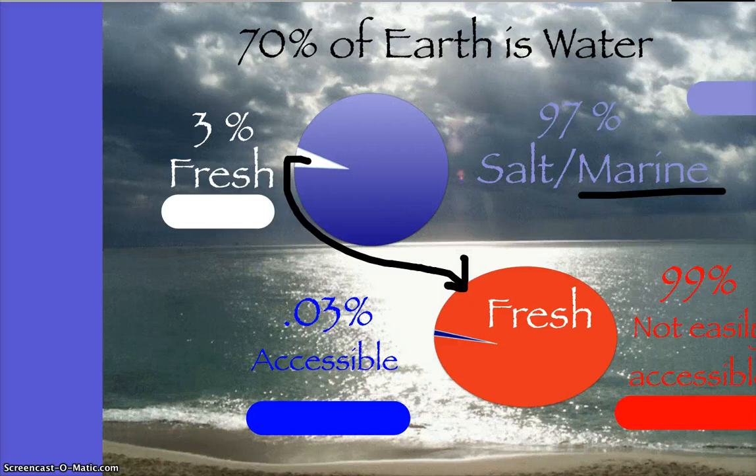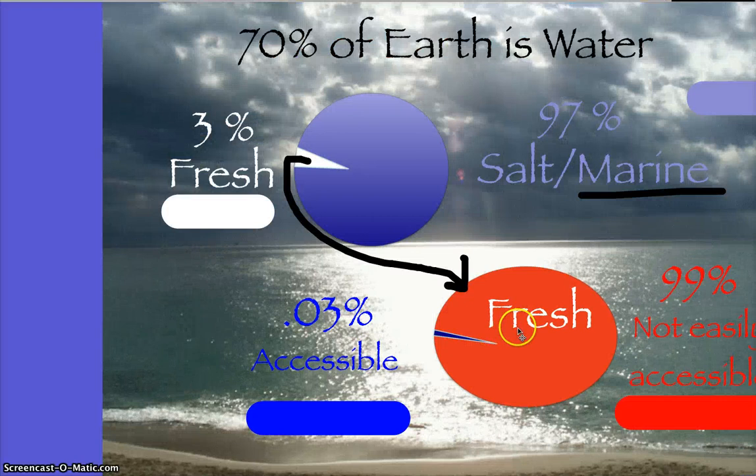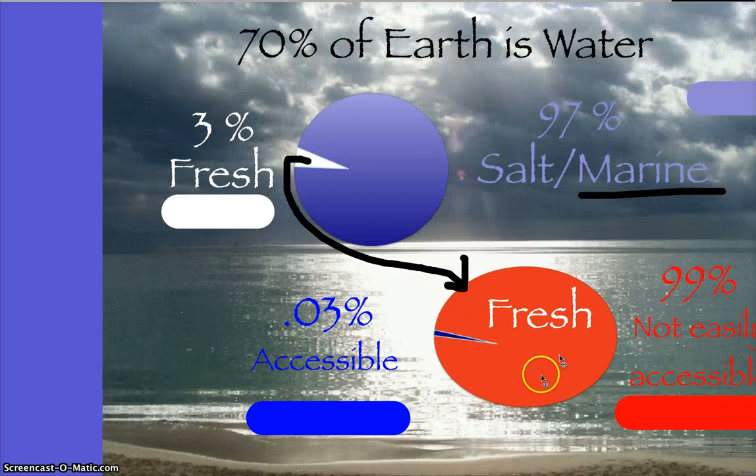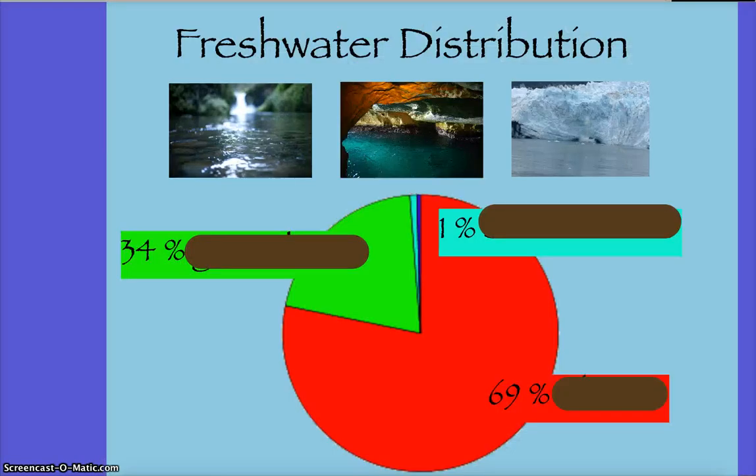Did I pause? So we're looking at this again. Right here, we're looking at this, but I'm going to give you a breakdown of this by category, okay? So this is fresh water again, same pie chart, except I'm dividing it into 3 parts because that big 90-something% that's not easily attainable would be all of this green and red, and this little light blue would be the attainable one, okay?